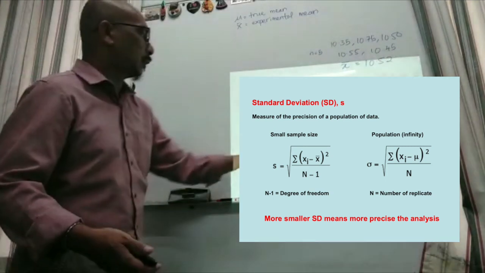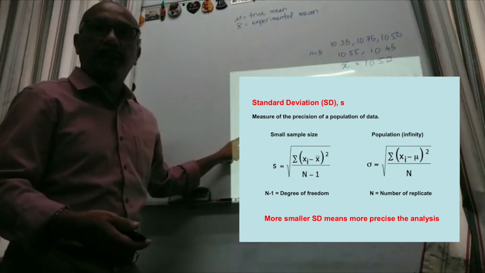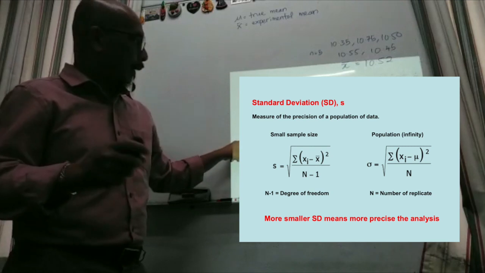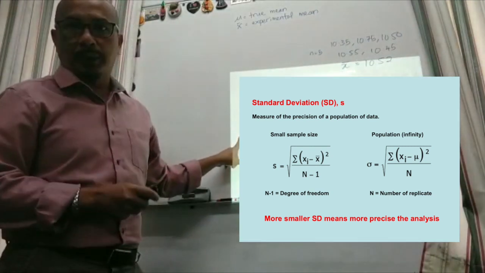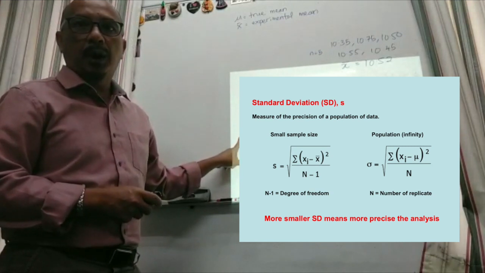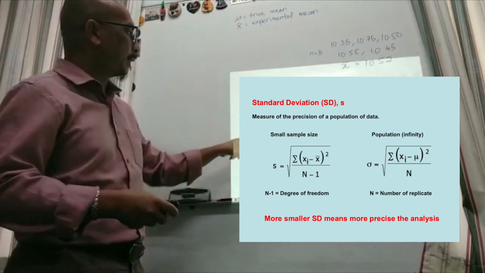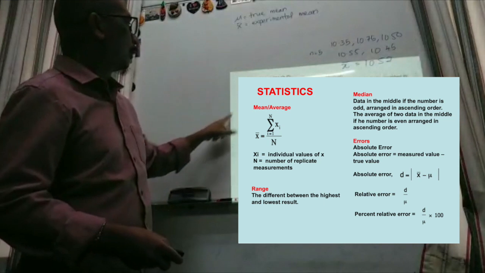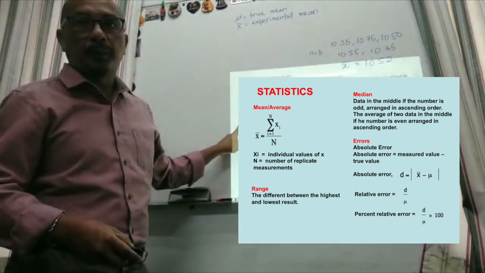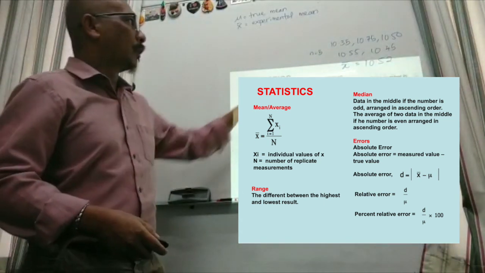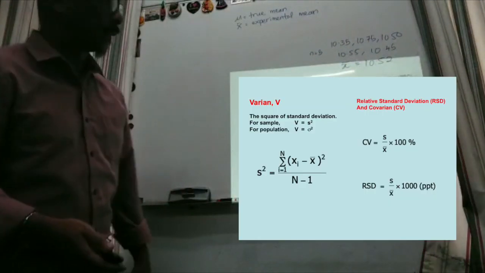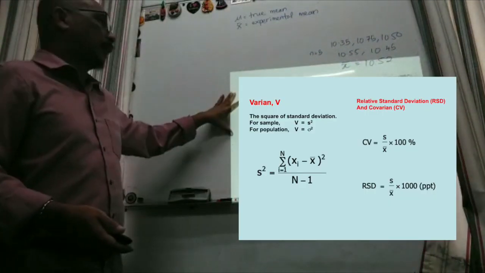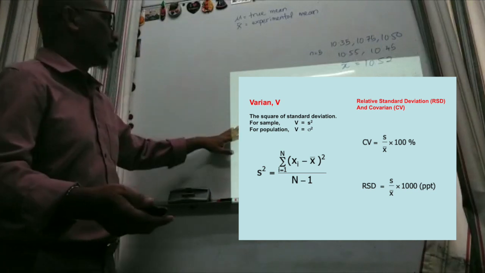This is the formula to calculate manually, but you can calculate by using a calculator. Hopefully you know how to use your calculator to calculate standard deviation and also the mean or average from your set of data. And then this is the variance. I'm not going to explain.